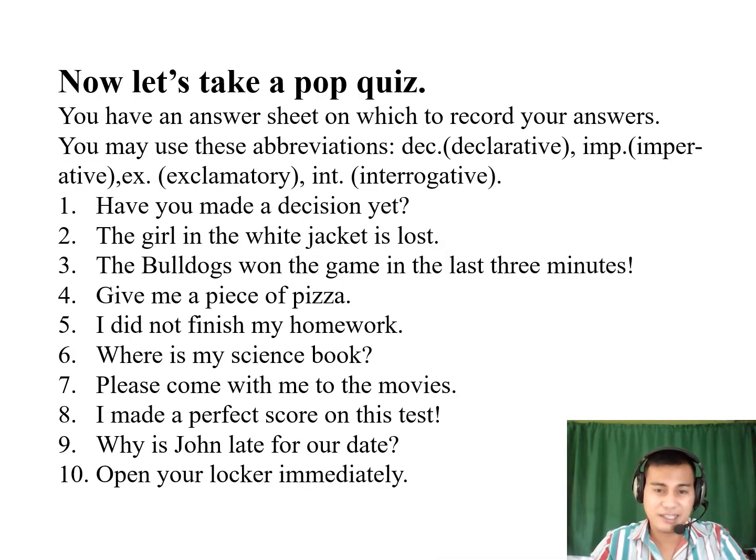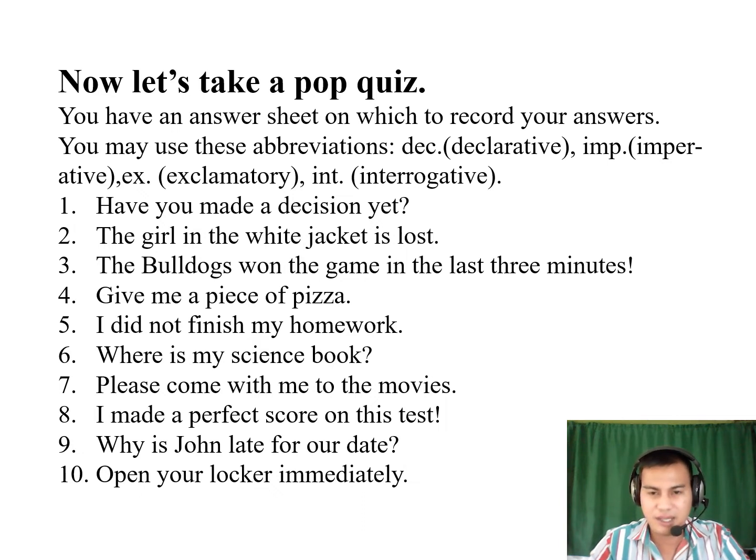Now, before we go to this pop quiz about the four sentence types according to function or purpose, let's do a quick review first. What are the four types of sentences? We have the declarative. What does a declarative sentence do? It simply tells a statement. It just narrates. It just tells something. Then the imperative tells you to do something.